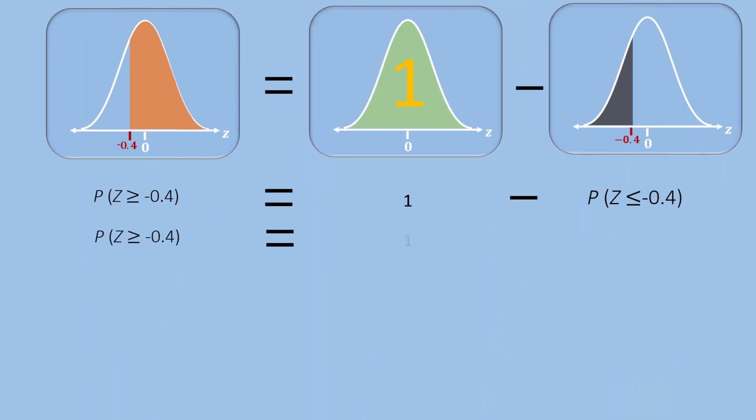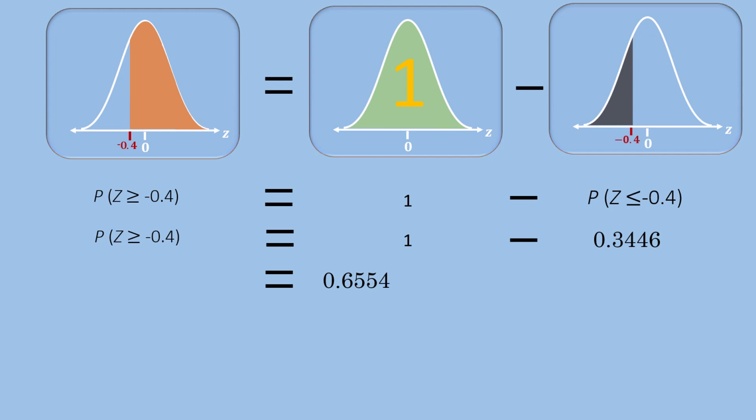Therefore, you can plug the numbers and the probability of z greater than equal negative 0.4 is 0.6554. Whenever you have the area right of z value, you always write 1 minus probability z less than or equal the same z value.